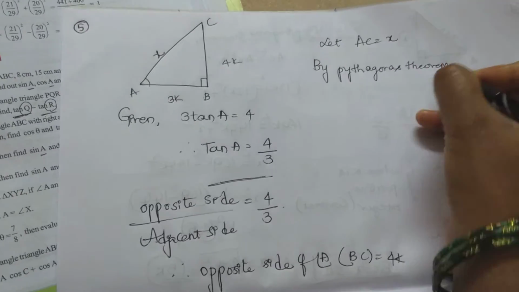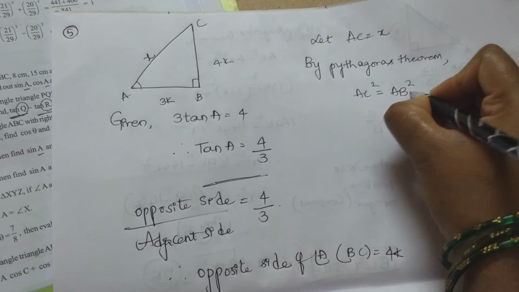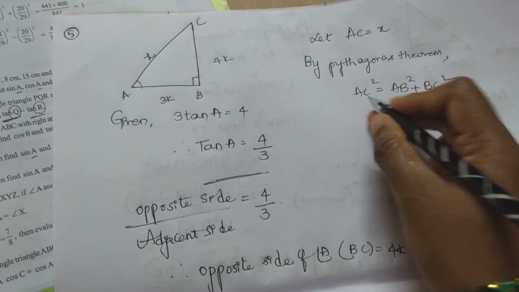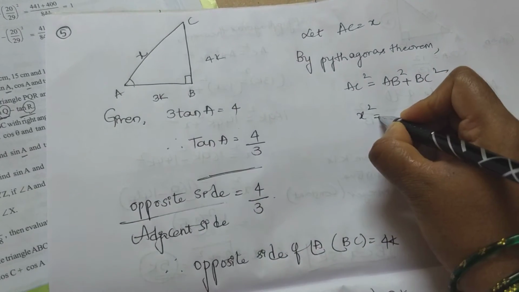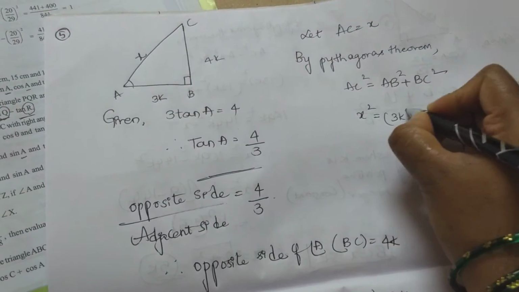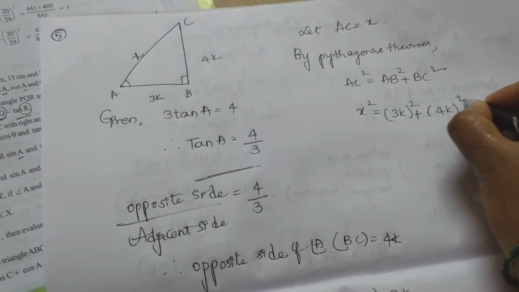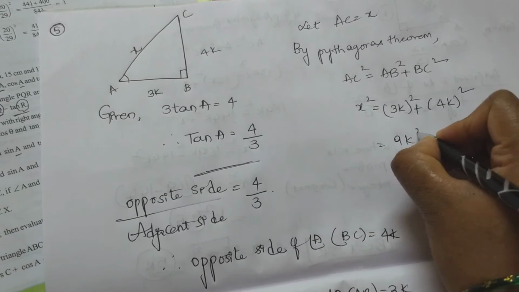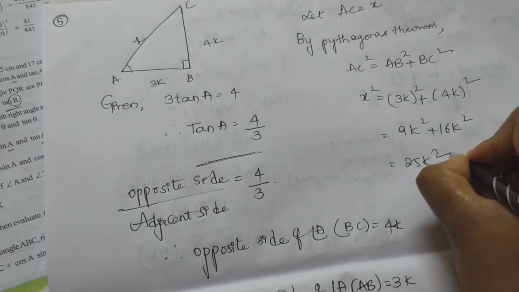By Pythagoras theorem, what can we write? AC square equals AB square plus BC square. What is AC here? We have assumed it as x, right? x square equals, what is AB? 3K whole square plus BC, it is 4K whole square. It is 9K square plus 16K square, that equals 25K square.